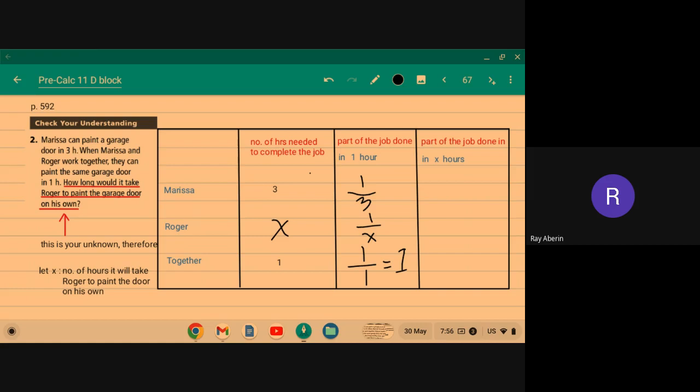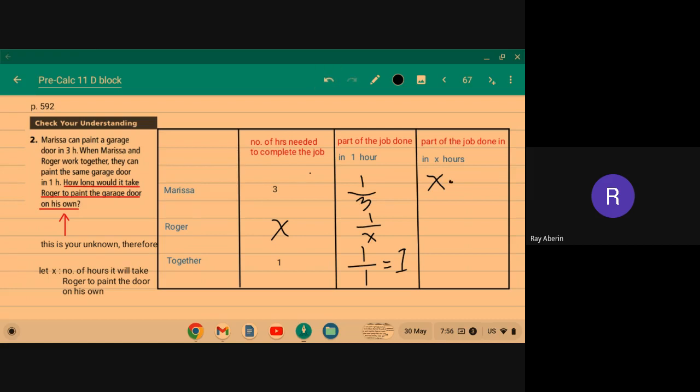Okay, so let's continue. What part of the job can be done in X hours by Marissa? Well, if she can do a third of the job in 1 hour and she is given X hours to work on the job, that would be X hours times a third. Are you with me? I'll say it again.